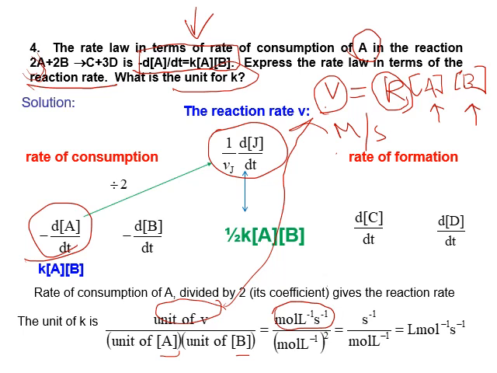They are concentrations, and therefore that's molarity, which is moles per liter. Therefore, if you use the reaction rate unit divided by molarity and divide by molarity, you should get molarity per second, or it's liter per mole per second.